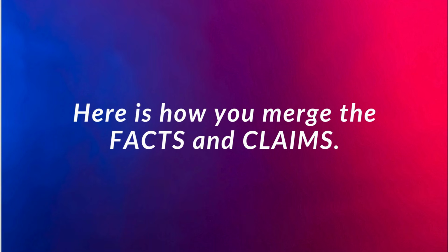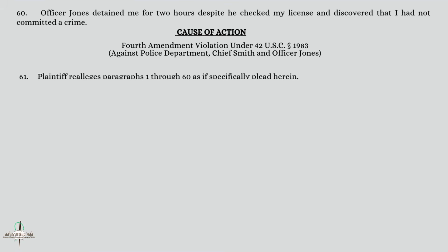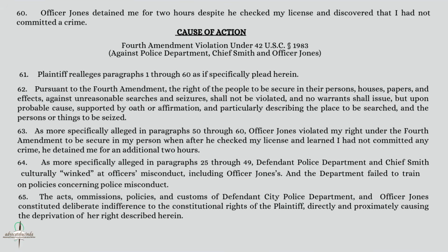Now I'm going to demonstrate how you merge the facts and the claims. What you see here represents a complaint. If you look at 60, that is the last claim.